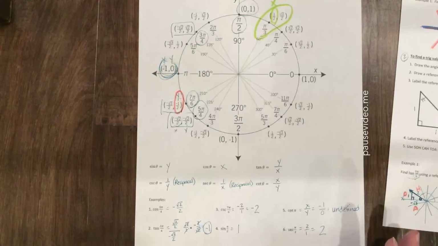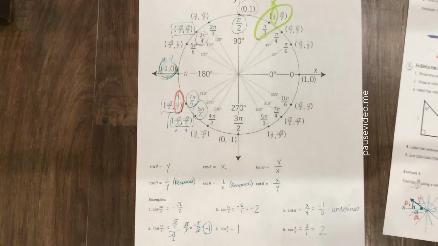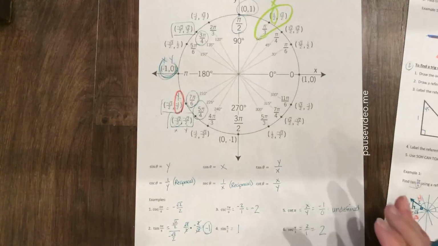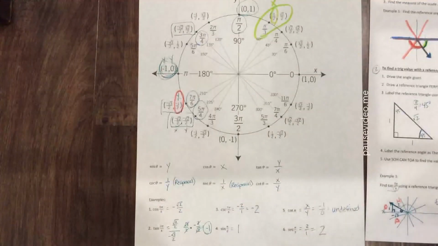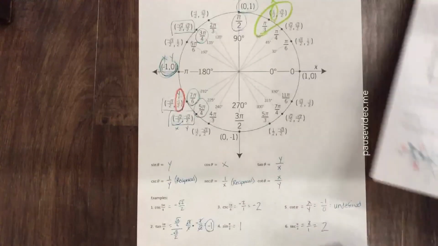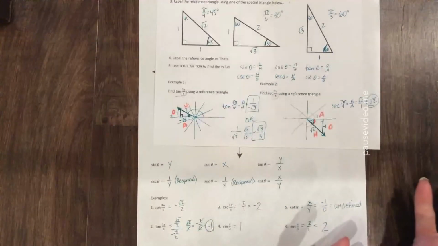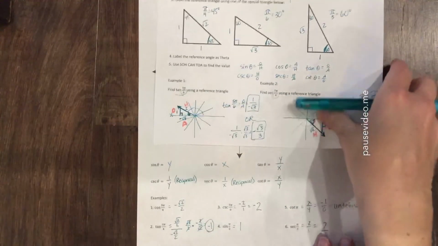All right, now some of you may ask a very important question. I hope you watch the whole video to the end so you hear this very important information. Some of you may say, well, isn't this the same as what I did with the reference triangles? We're finding trig values. So yes, you're right. It's 2 different methods.